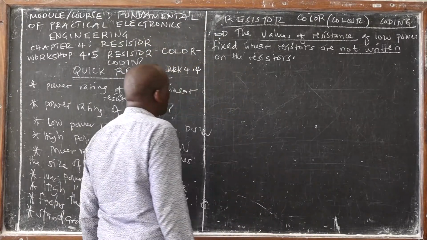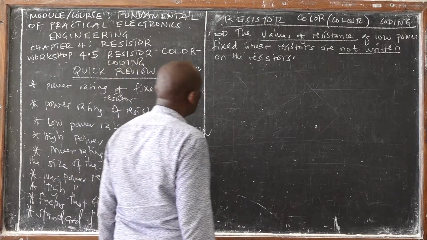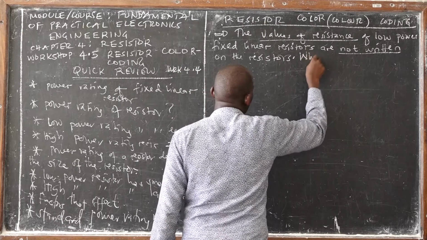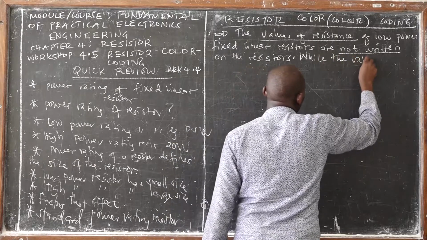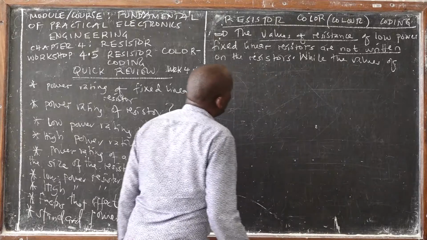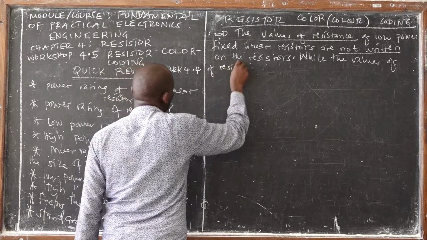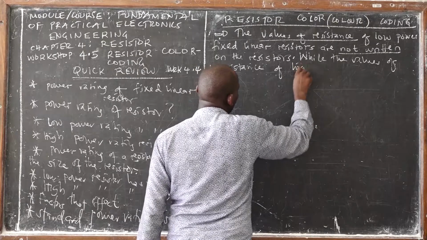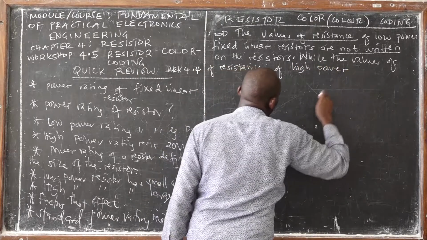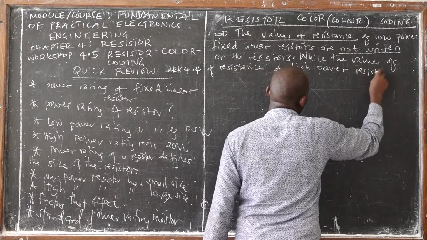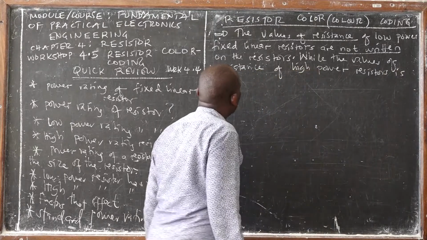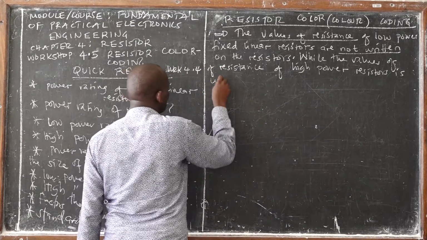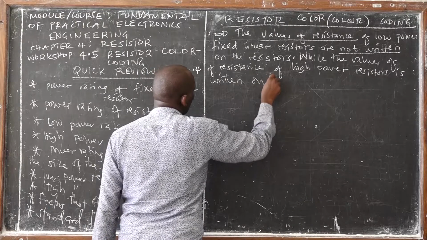So the values of resistance of low power fixed linear resistors are not written on the resistors, while the values of resistance of high power resistors are written on them.